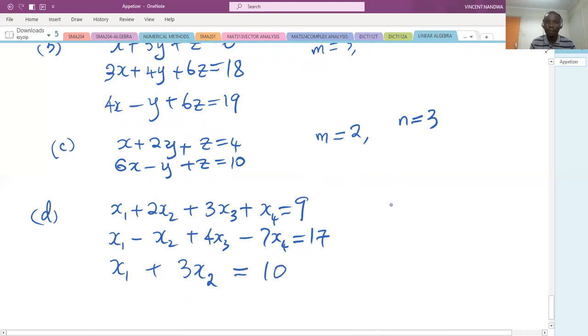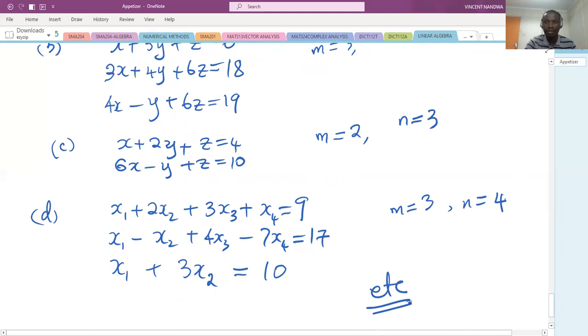So for this case, m will be 3, because we have 1, 2, 3 equations, and the variables are x1, x2, x3, and x4. So n is 4, etc. So you can give as many examples of systems of linear equations as you can. So that's how we define them.